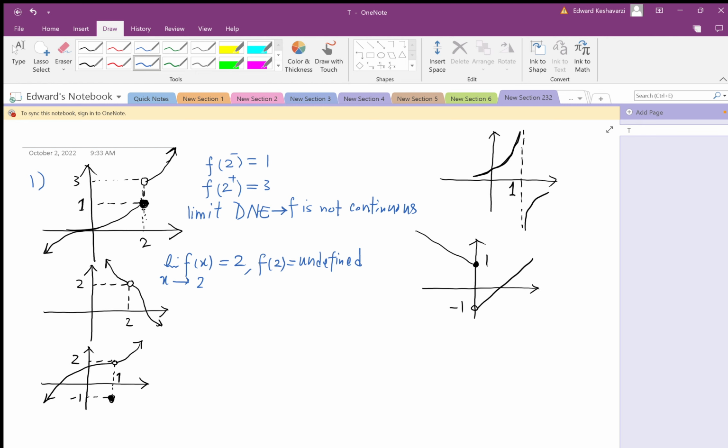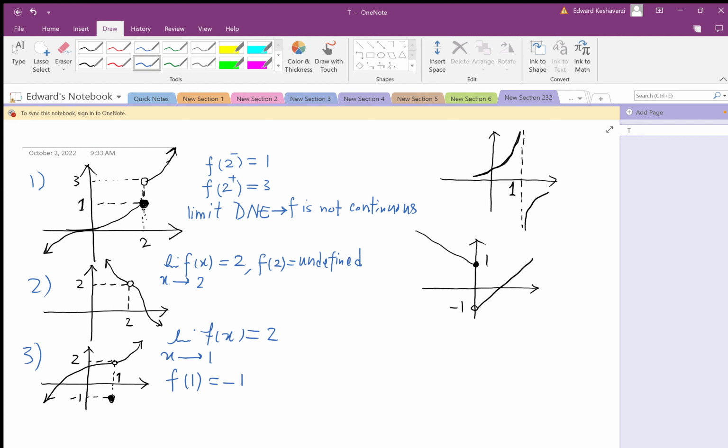Now look at graph number 3. Again, limit at 1 does exist, and it's equal to 2. The y value at 1 also exists, as you see. F of 1 equals -1.